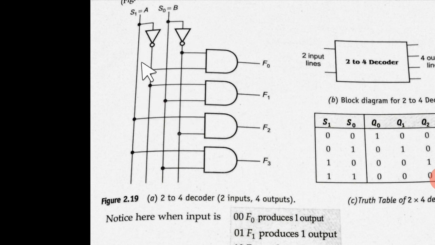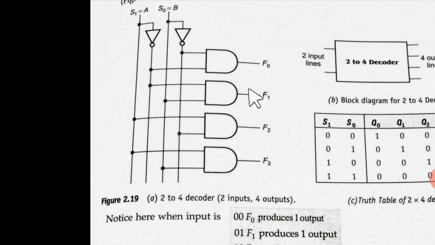Every input has its complement also. If this is 1, this is 0. So when we want to produce F0, I have to connect this input line: A is 0, so A complement, and B is 0, so B complement. So that will be connected, right?